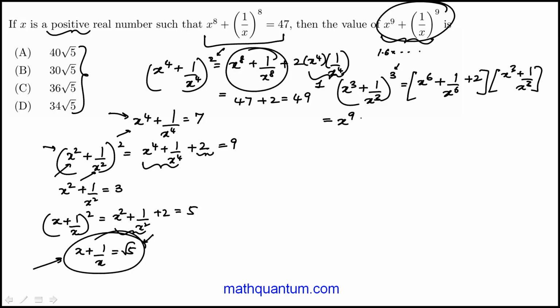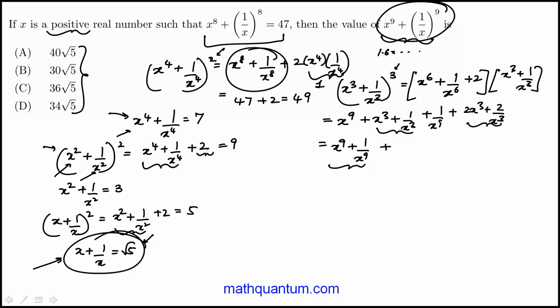That gives x to the 9 plus x cubed plus 1 over x cubed plus 1 over x to the 9 plus 2x cubed plus 2 over x cubed. So this is x to the 9 plus 1 over x to the 9. This is the guy we need. Plus, you'll see you can factor out a 2 and it's the same expression.